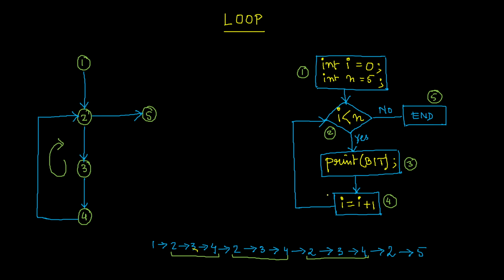That means you can never enter the loop, right? But if the gate is open, for example, when I is 0, 0 lesser than 5, the gate is open, then you can enter. That's why this type of loop is called an entry control loop. That means the entry point of the loop is controlled by the condition.